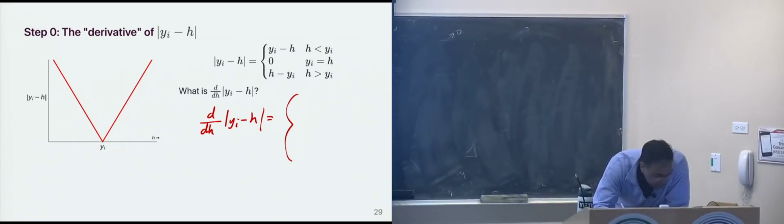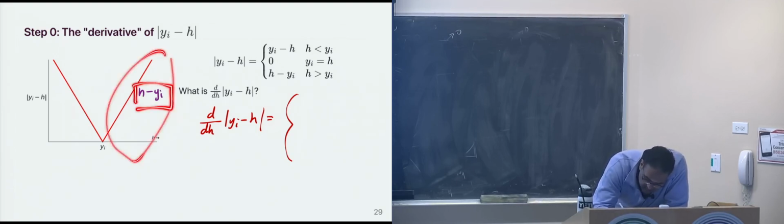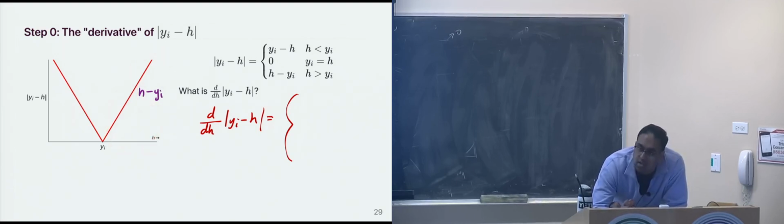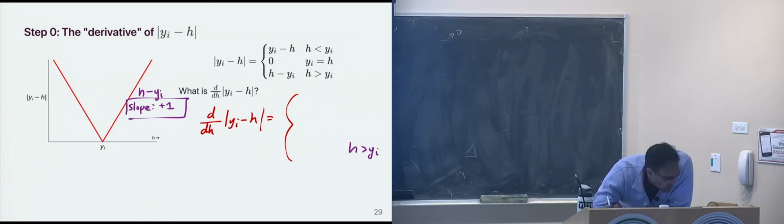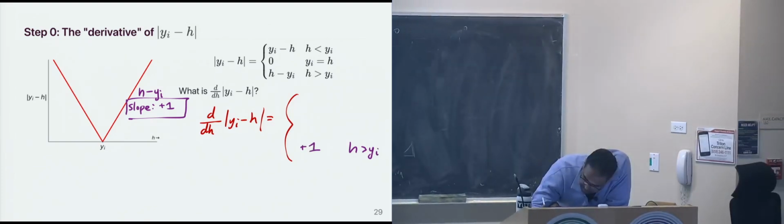Well, then what the absolute value function is returning is h minus yi. What is the derivative or slope of this line segment with respect to h? Yeah, it's just positive 1. And so in this case, where h is the bigger number, what we're outputting is positive 1.